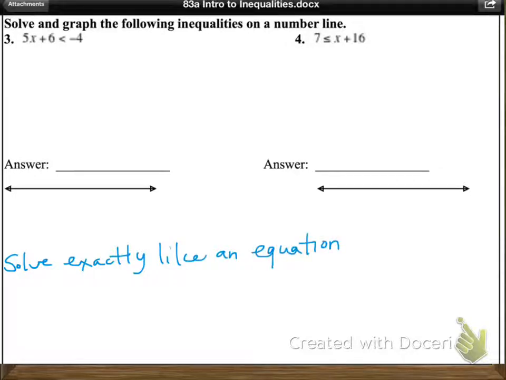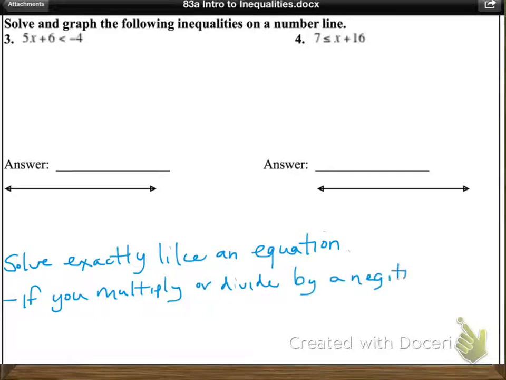Now, there's one trick, though, one caveat to that. If you multiply or divide by a negative, I've got to spell negative, right?